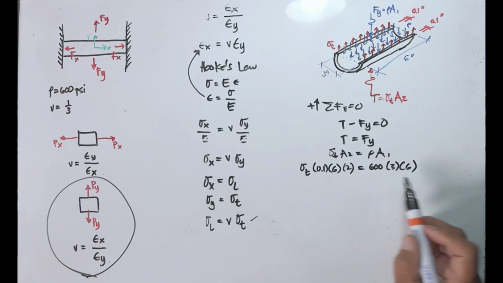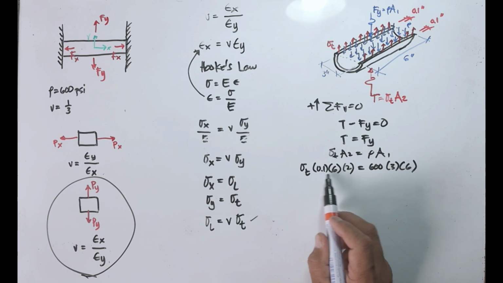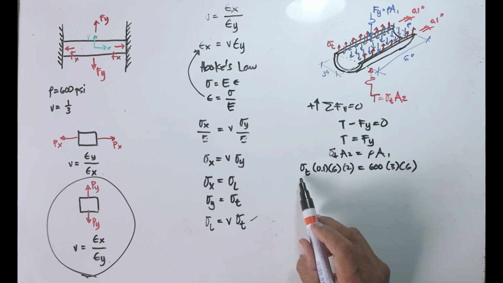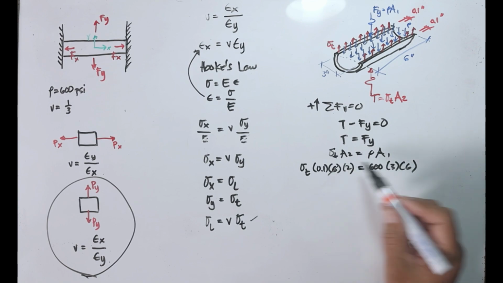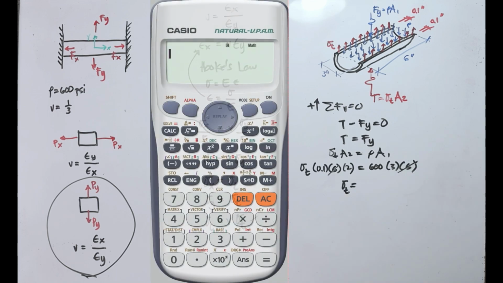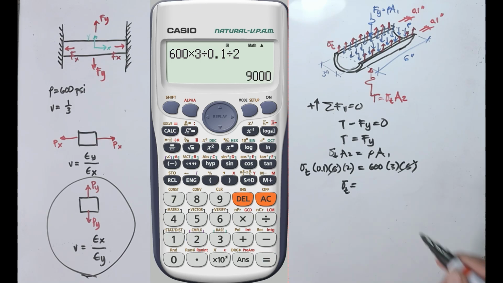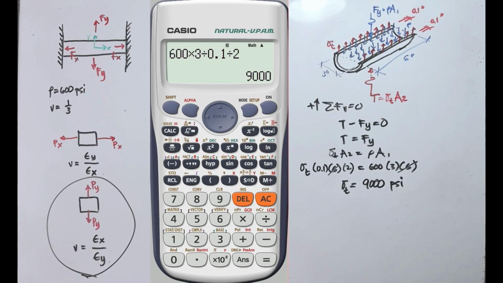So let's check the units, psi, and then the square inch. That means the unit for tangential stress would be psi. We can cancel 6. Then our tangential stress is 600 times 3 divided by 0.1 divided by 2 equals 9,000 psi.